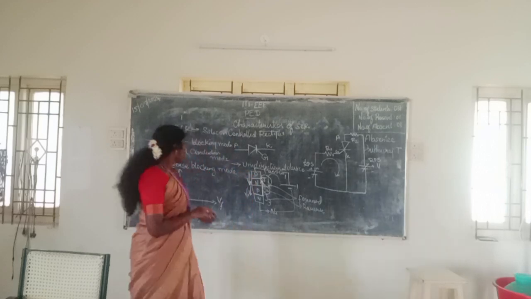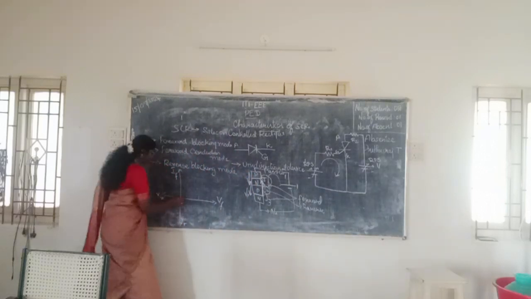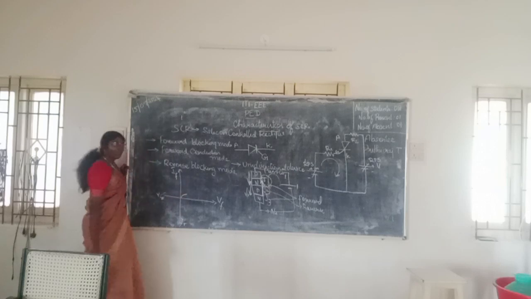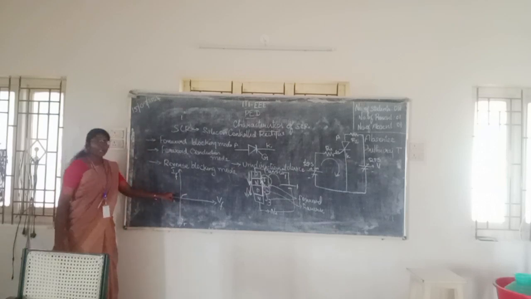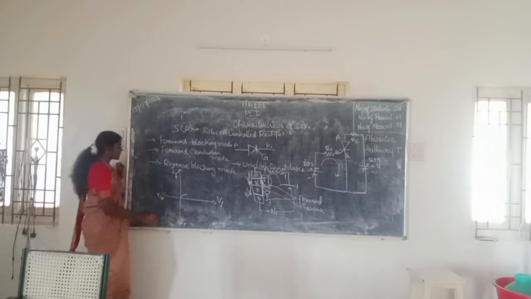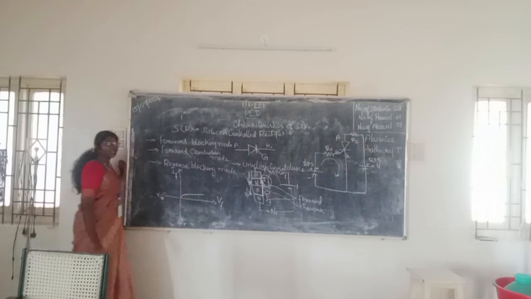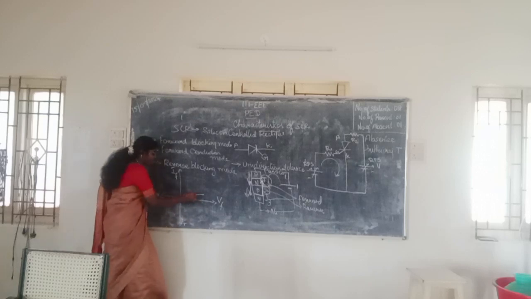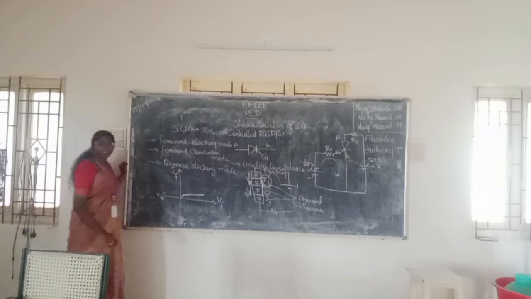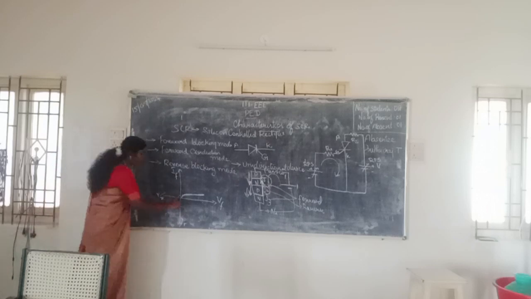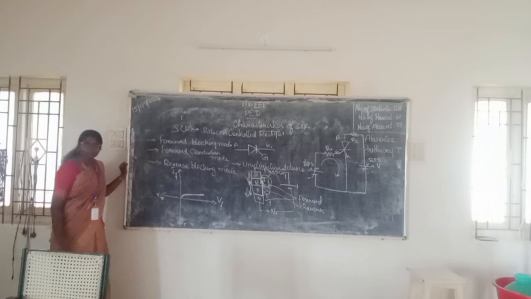Okay, so when we are drawing this, initially when voltage increases, current increases. After some period of time, there will be some reverse blocking stage. Up to this is the forward blocking region, or we can say the forward blocking mode.